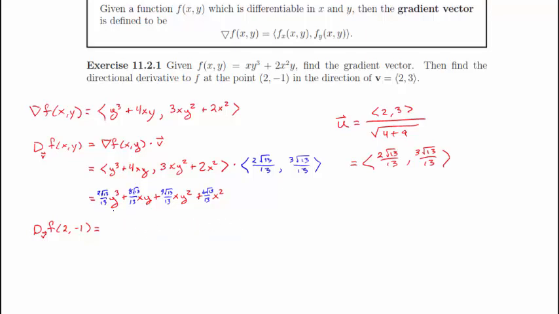So we are going to get 2 root 13 over 13 times, 2 for x, 1 for y, is 16 root 13 over 13, plus 2 for x, 1 for y squared, is plus 18. It's going to be the same thing I had before, but with the scalar. Plus 24 root 13 over 13 equals, okay, these all combine and I get 24 square root of 13 over 13. Okay.